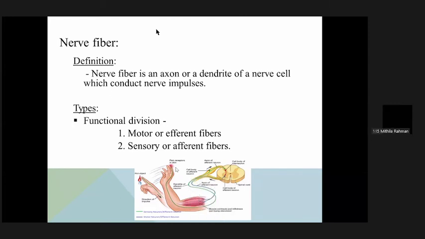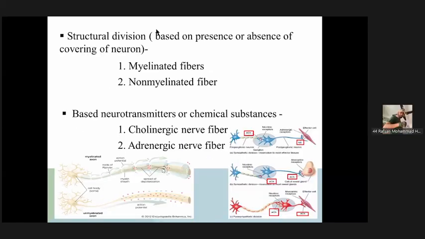Very good. If they are white, what type of fiber will this be? Myelinated fiber. If it is not colored white, then what type of fiber will it be? Non-myelinated fiber.